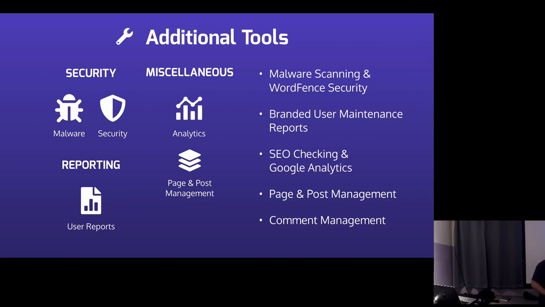This allows you to basically push a page to 17 sites or a post to 17 sites. It also allows you to go through and approve or spam comments across an entire network of sites that you might be managing. Again, additional tools. When you're managing multiple WordPress websites, and these are the things that you typically have to do, you don't want to log into each one of them to have to do it. And I know this is really technical, and I'm sorry.